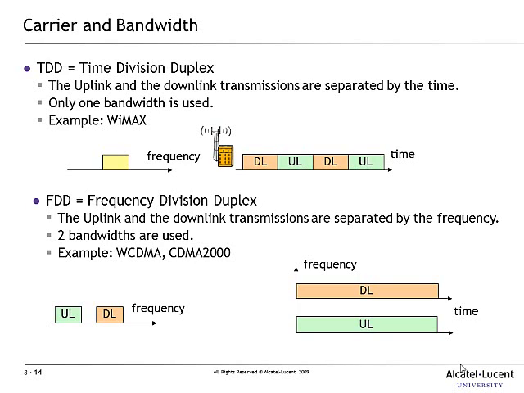So in FDD, we have two separate bands that are separated in frequency. So the uplink and the downlink are separated in frequency, and there's a frequency separation. These kinds of techniques are used in wideband CDMA, CDMA 2000, and so forth.